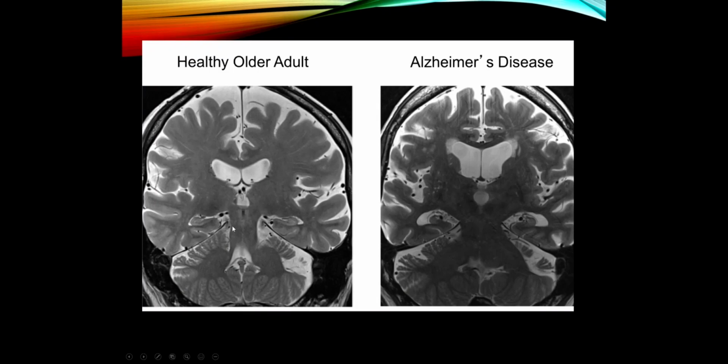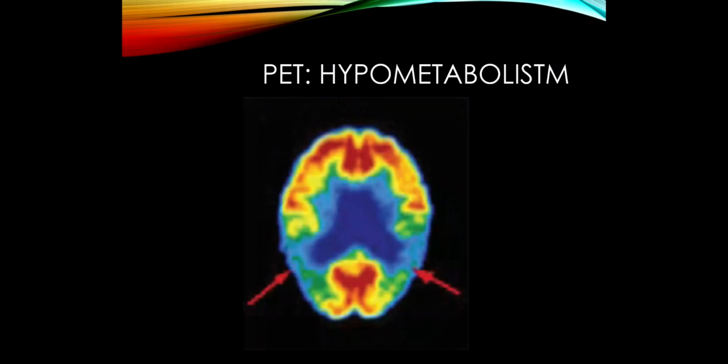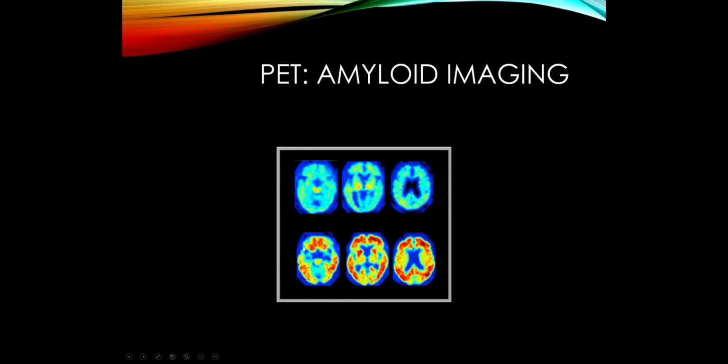So here's another picture showing a healthy hippocampus. Here in white, you can see the temporal horn of the lateral ventricle, and notice how much larger it is here. So this hippocampal atrophy is what's seen in Alzheimer's. I mentioned on the PET scans, we can see hypometabolism, which is seen here in blue, at the temporal parietal junction.